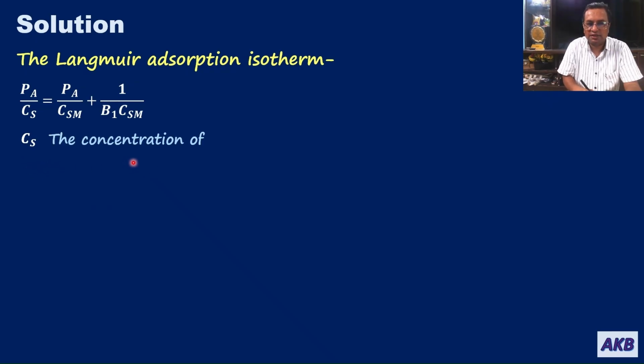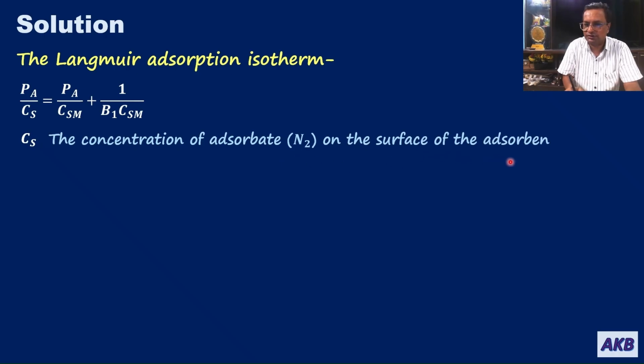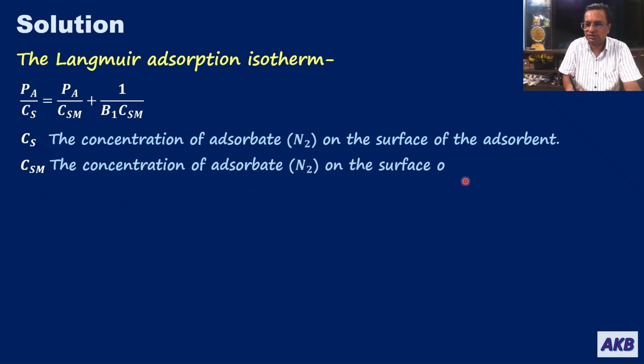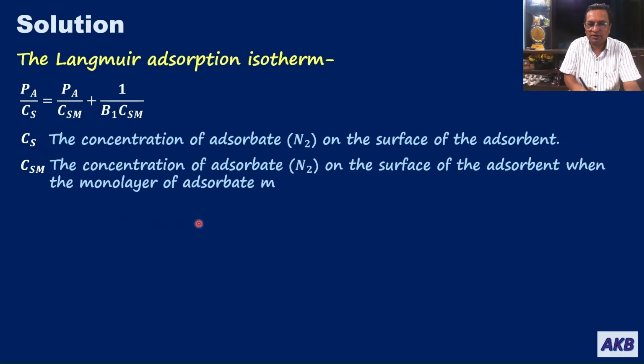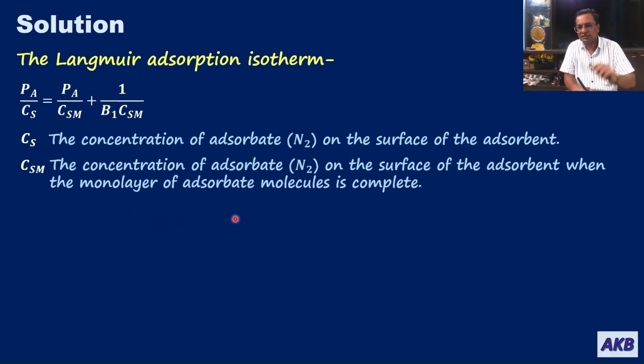Cs is the concentration of the adsorbate, in this case nitrogen, on the surface of the adsorbent. Concentration can be expressed in many ways, so we are going to understand that. Then Csm is the concentration of the adsorbate, that is nitrogen, on the surface of the adsorbent when the monolayer of adsorbate molecules is complete.